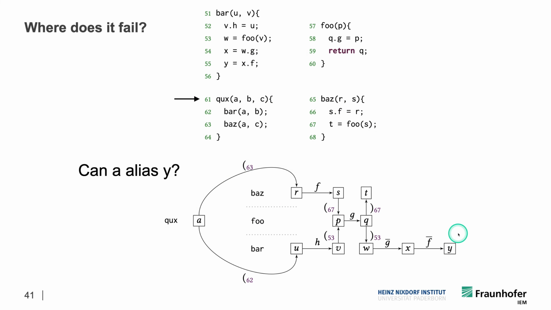So let's take a look at such a case where this actually can fail, right? So let us assume we have such a program here. It actually calls this Quux method, and Quux is calling bar and bas, which are defined here. So bar is calling foo, and bas is calling foo as well.